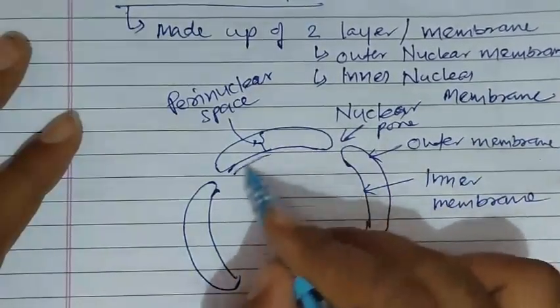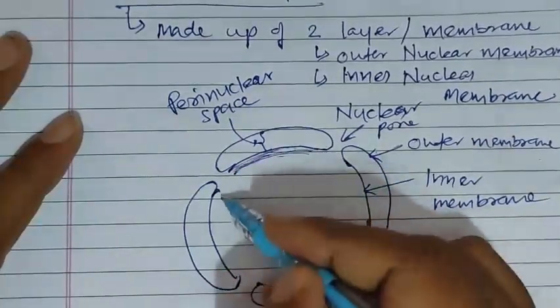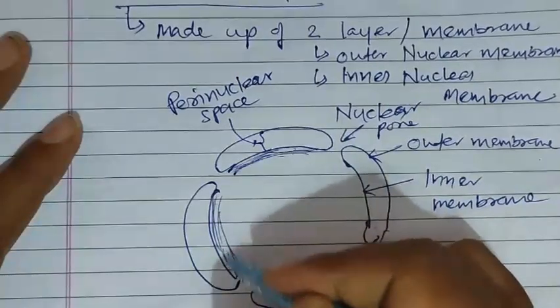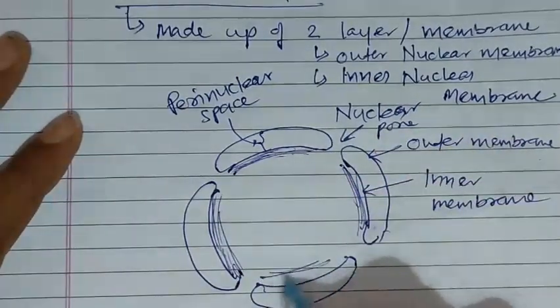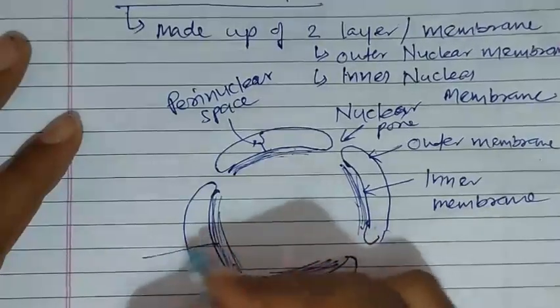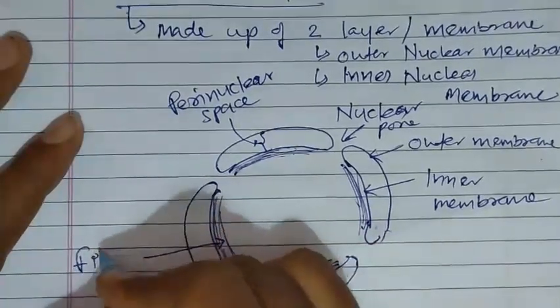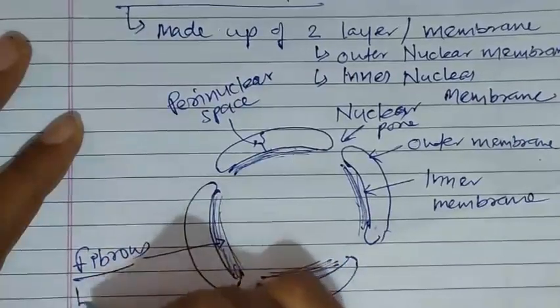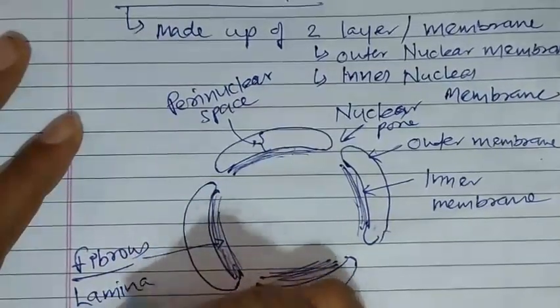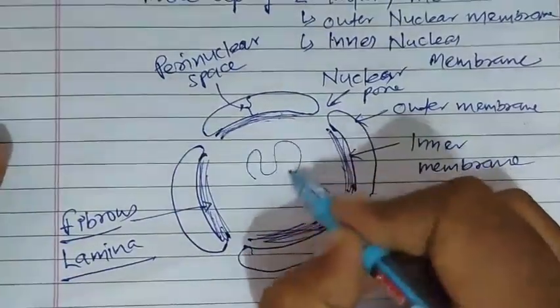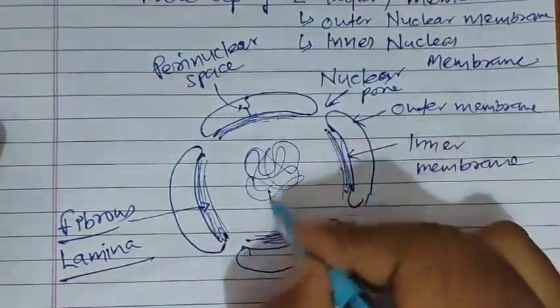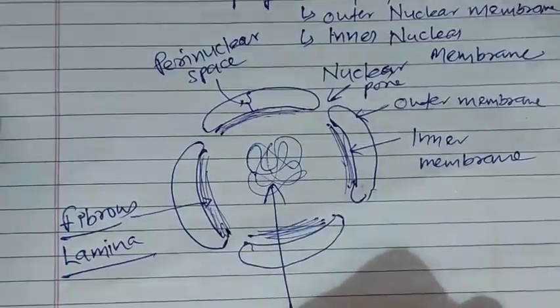Then the region present immediately inner to the nuclear membrane is known as the fibrous lamina, and in this the chromatin material is there.